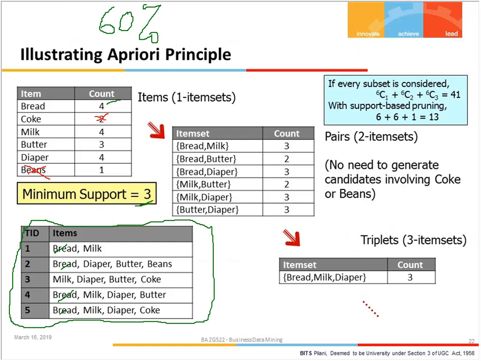Just directly count. We can't do many tricks or techniques here, because most of the algorithms at the 1-item set level simply say that you have to find it out in a diligent way. So for bread, we find the support, for Coke, for milk. We simply scan the database and find.